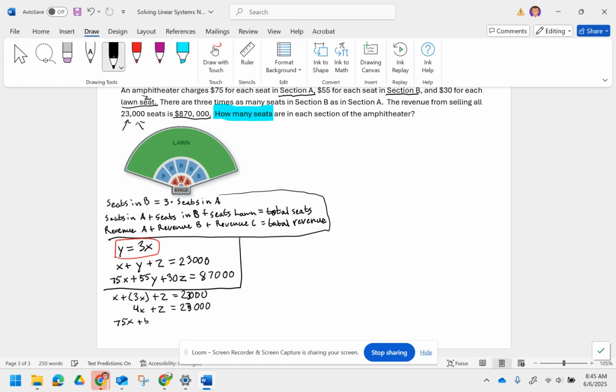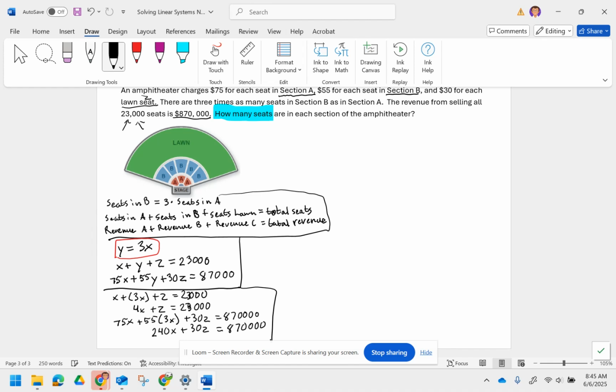All right, for the next one, 75x plus 55, y is just 3x, plus 30z equals 870,000. And that is going to give me 240x plus 30z equals 870,000.